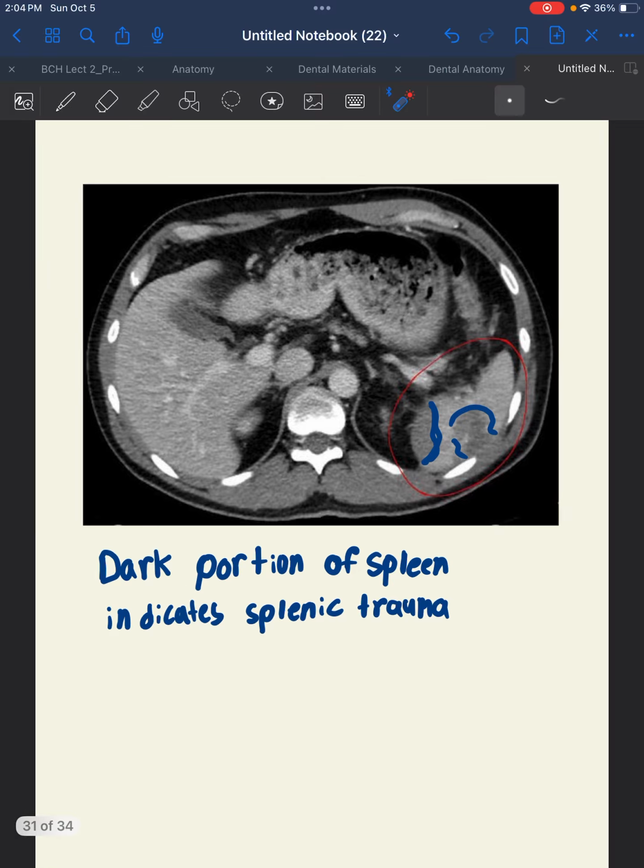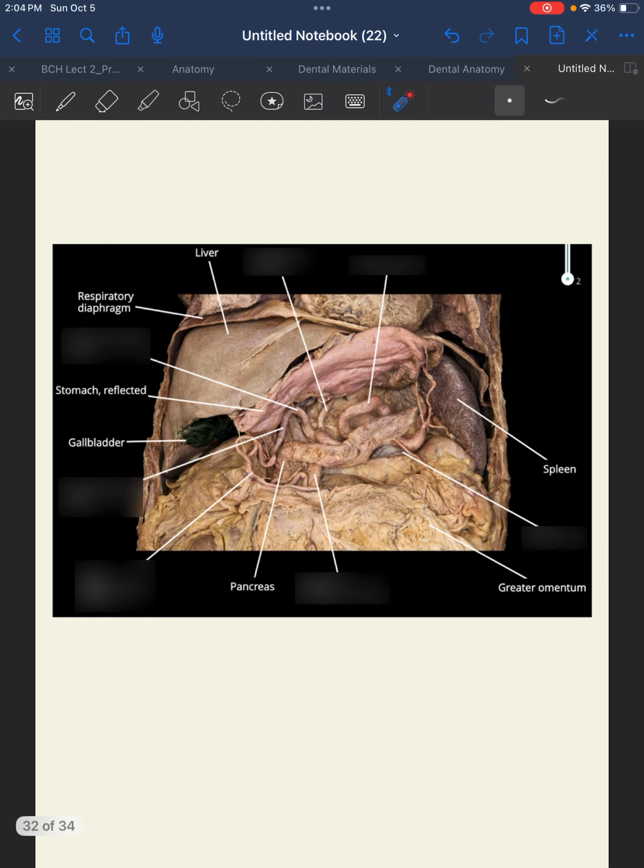I meant left hypochondriac region, my bad. So there it is, it's sitting in the left hypochondriac region. And ribs 9 through 12, if you fracture them, they could protrude into the spleen and damage it. And there's your liver in the right hypochondriac region.